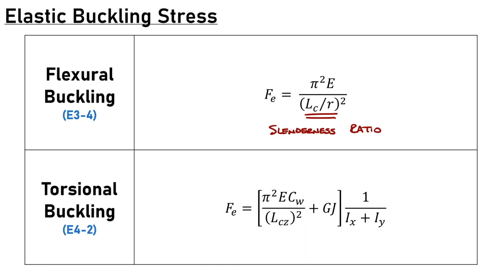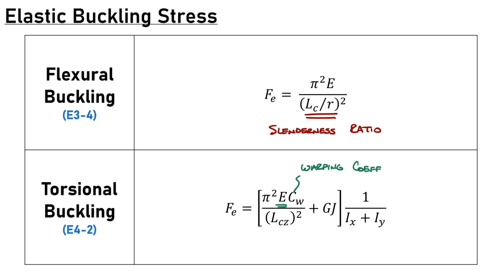When we move down to torsional buckling, things get a little bit more complicated because you're going to develop warping and shear stresses when you twist your section. The first term here is the warping term. Cw specifically is the warping coefficient. That is a property of your cross-section, and it determines the warping stresses through that cross-section. And this warping coefficient is going to depend on the elastic modulus because it's through the development of normal stresses when you're twisting your section.